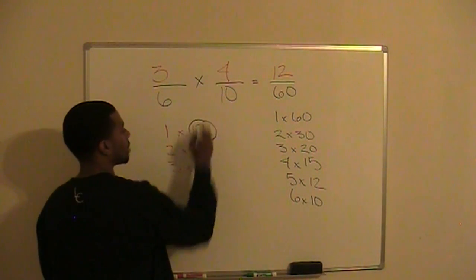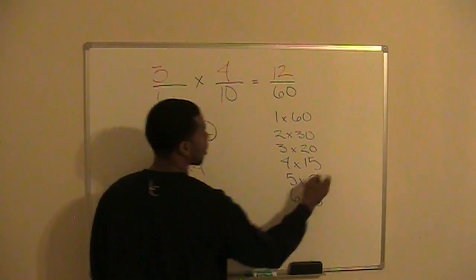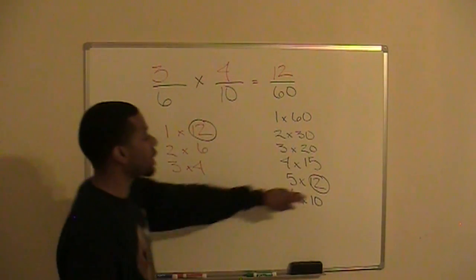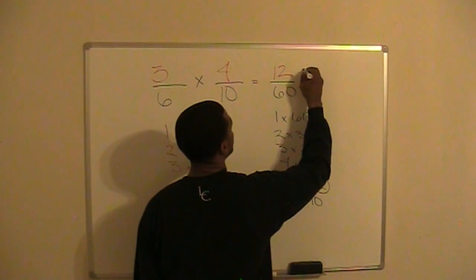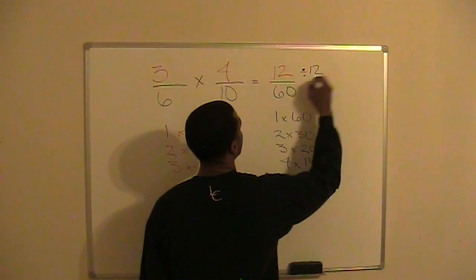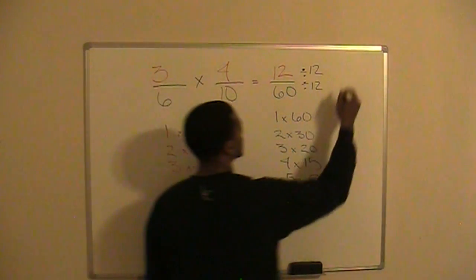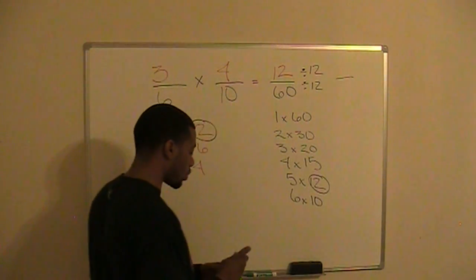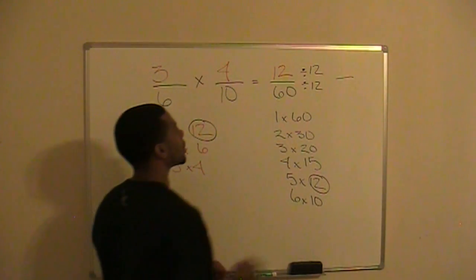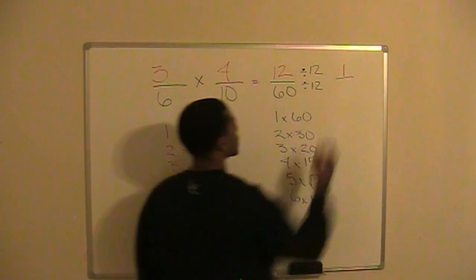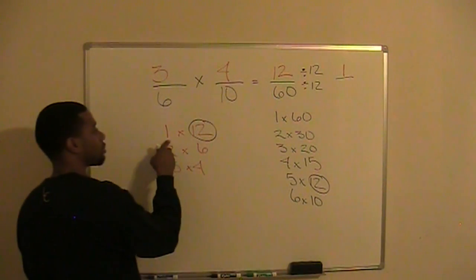We have 1 times 12, and we have a 12 here also. So now we take that 12, and we're going to divide both the numerator and the denominator by 12, because it's our greatest common factor, and this is how we'll simplify it. 12 divided by 12 is 1, or you can just look at your factors.